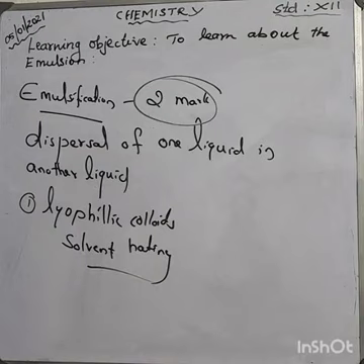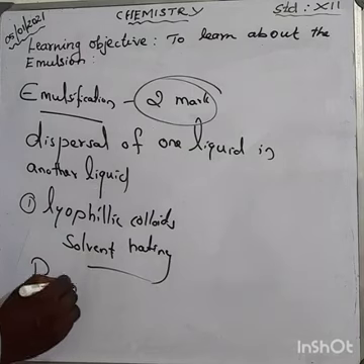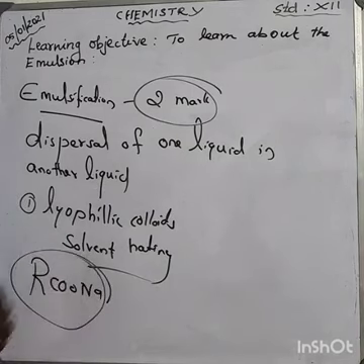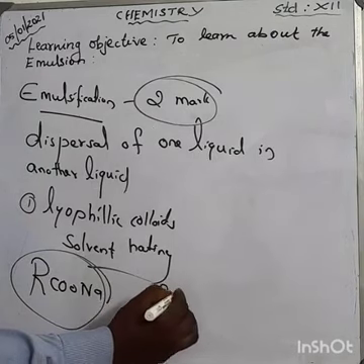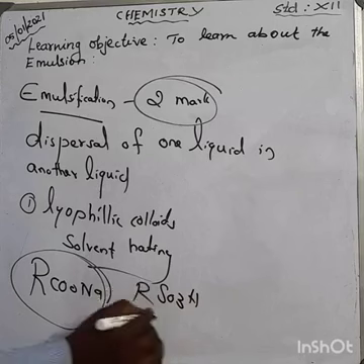And also the long chain compounds with a polar group like soaps and sulfonic acids. Soaps, RCOONa, are long chain fatty acid salts. Sulfonic acids have SO3H or SO3.